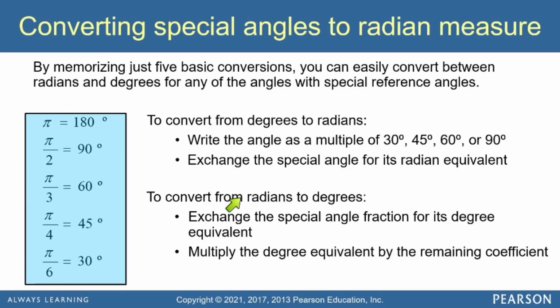And then if you want to go from radians to degrees, what you'll do is exchange the special angle fraction for its degree equivalent, and then multiply the degree equivalent by whatever coefficient is remaining. Again, this will be much easier when you see an example.